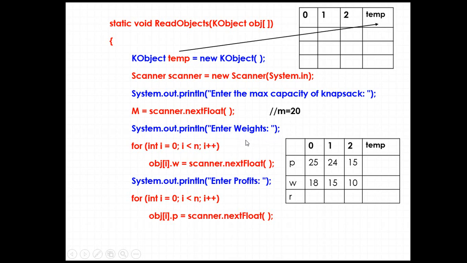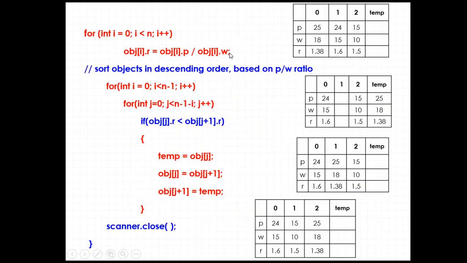Next, weights: 0th object weight, first object weight, then the second object weight, that is 18, 15 and 10. Next, enter the profits, that is 0th object profit, first object profit and second object profit, that is 25, 24 and 15, right?